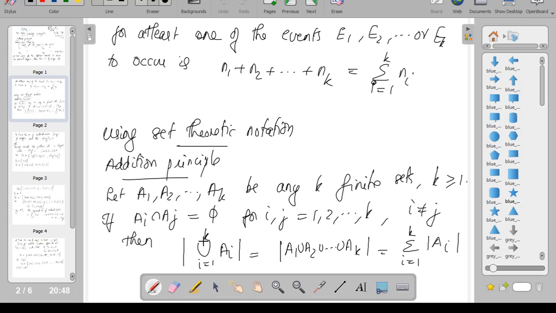This is the union of all the sets a1, a2, etc. ak, and this is the number of elements in a1 or a2 or etc. ak. So that is the addition principle in the set theoretic form.